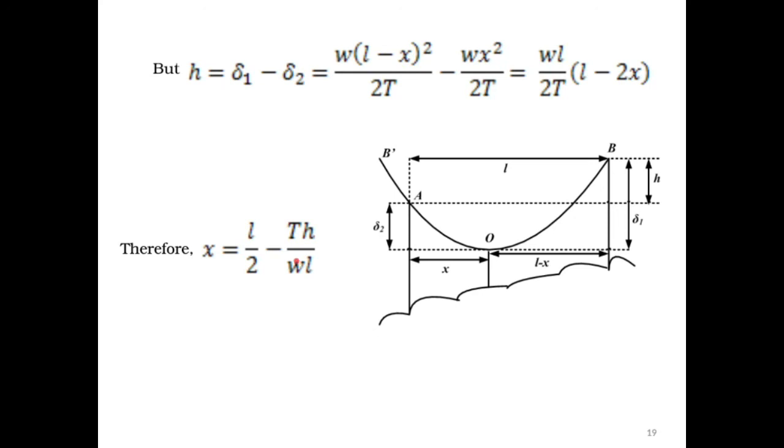Answer it. Negative X, meaning this point O actually is on this side. Right? Again, that uneven pulling force will come into the scenario. But if X is positive, meaning L over 2 is greater than TH over WL, it will look like this, the diagram that you see here. Is that clear?